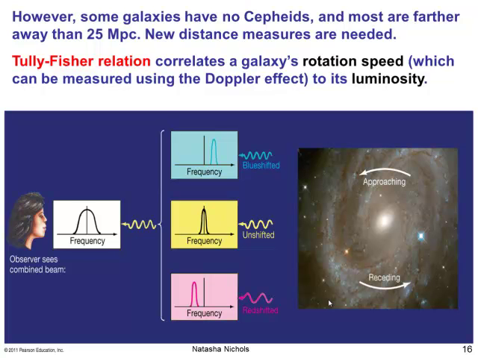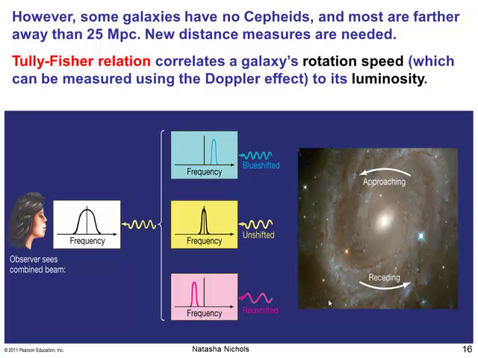We know that a galaxy's rotation causes some of the radiation it emits to be blue-shifted and some to be red-shifted, relative to what the emission would be from an unmoving source, an observer. From a distance, when the radiation from the galaxy is combined into a single beam and analyzed spectroscopically, the red-shifted and blue-shifted components combine to produce a broadening of the galaxy's spectral lines.